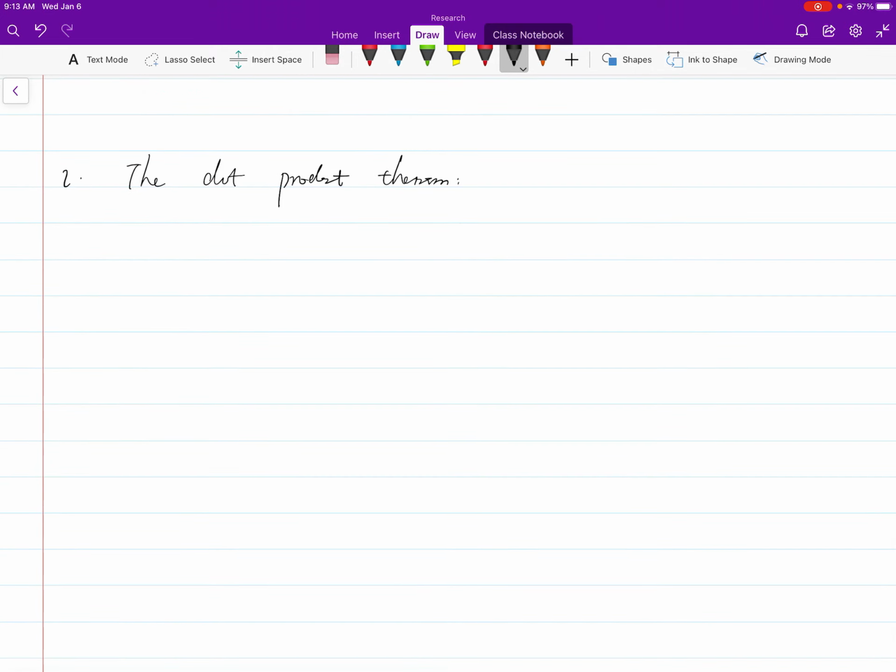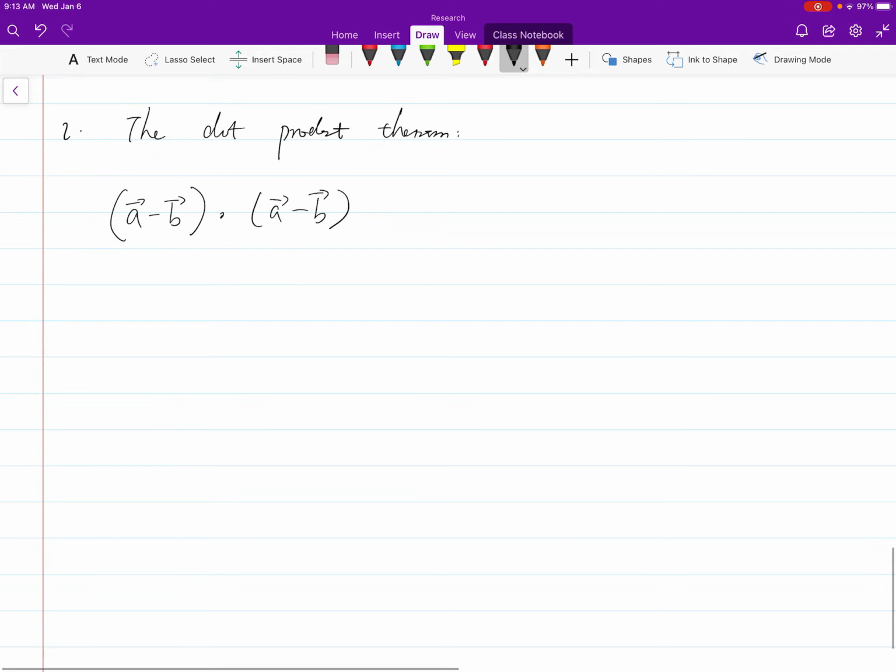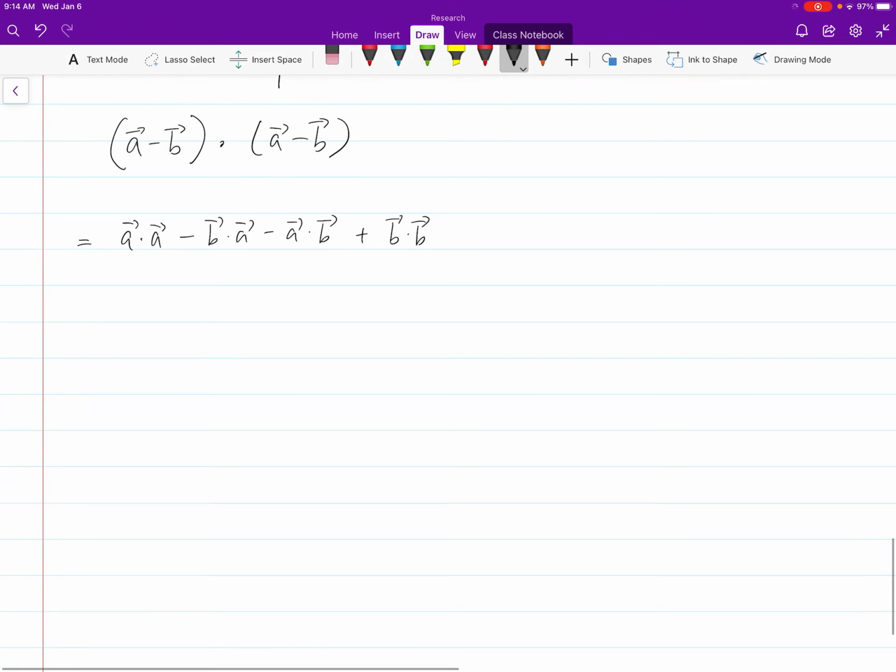Okay. Let's consider A minus B dot itself. Now, number one, remember we can distribute vectors, so it's the same as what we did before with algebra. You factor everything, you FOIL everything out.